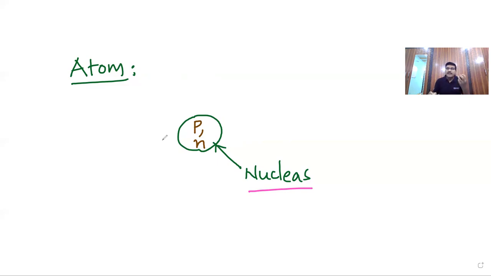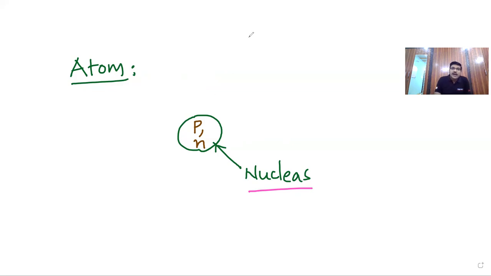We take the entire atom as an entity, and in the atom, the central core part is known as the nucleus, and in the nucleus of an atom, there is the existence of protons and neutrons. P stands for proton, N stands for neutron.